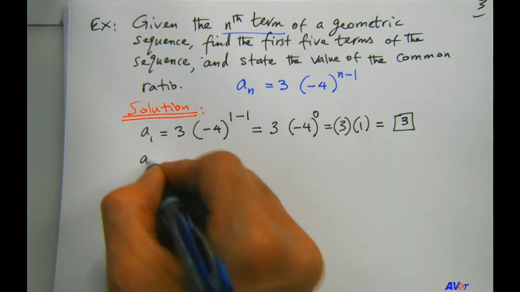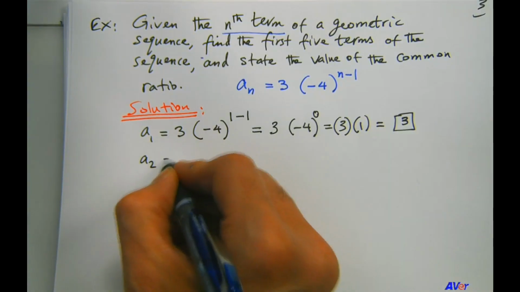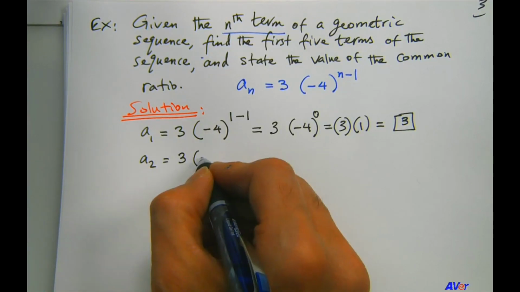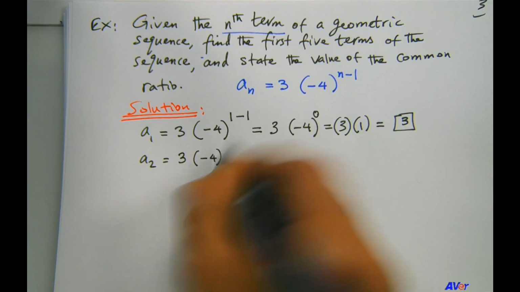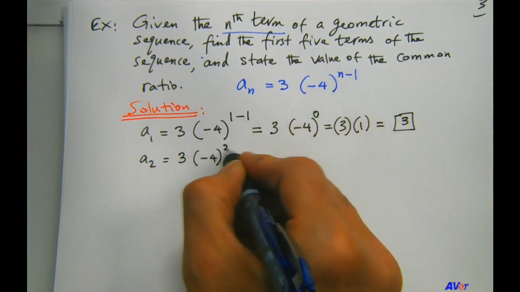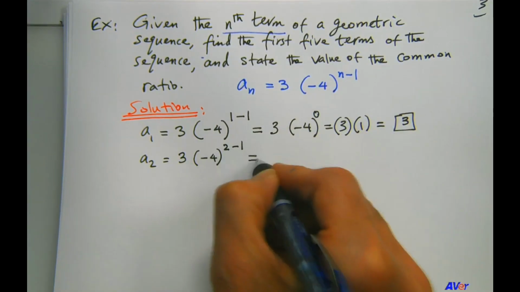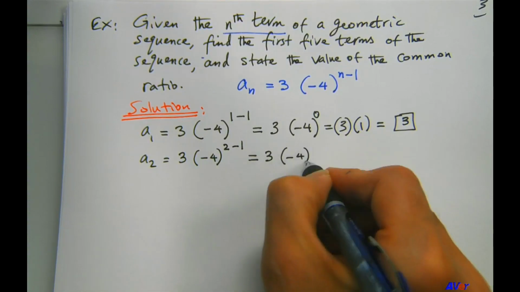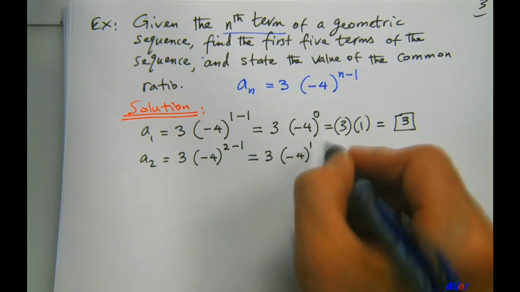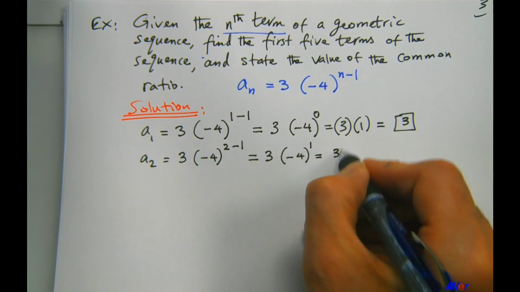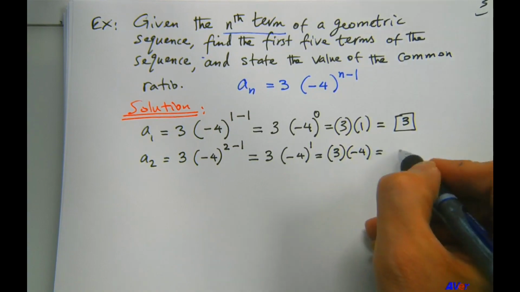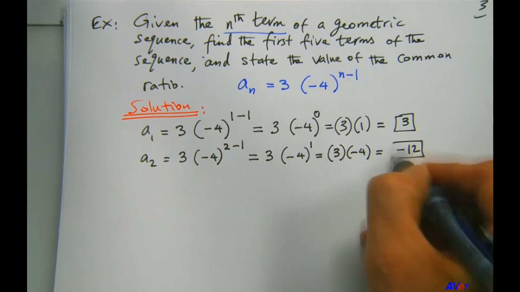The second term, they want us to find the first 5 terms, so the second term is a_2, 3 times negative 4. For n, we plug in 2, minus 1. And then 2 minus 1 is 1. So we have 3 times minus 4, which is minus 12.